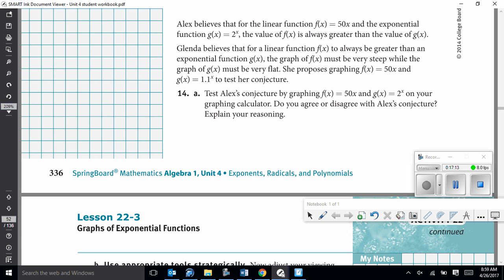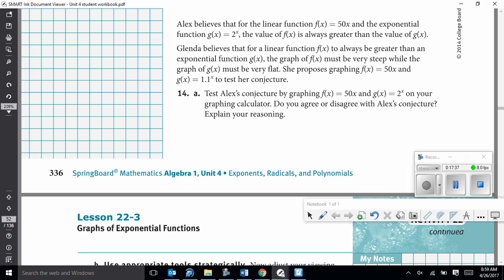Alex believes that for the linear function f of x equals 50x and the exponential function g of x equals 2 to the x, the value of f of x is always greater than the value of g of x. Glenda believes that for a linear function f of x to always be greater than an exponential function g of x, the graph of f of x must be very steep, while the graph of g of x must be very flat.